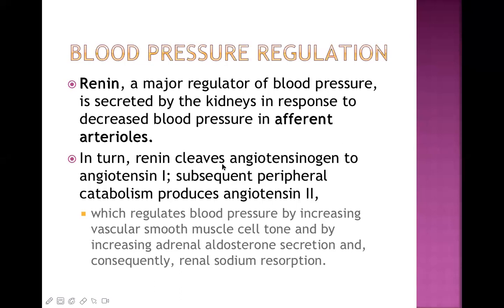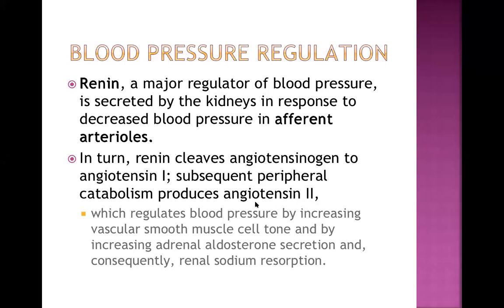This renin cleaves angiotensinogen to angiotensin 1, and this angiotensin 1 would be converted into angiotensin 2, mainly inside the capillaries of the lung by ACE, angiotensin converting enzyme. So this is a very important point.